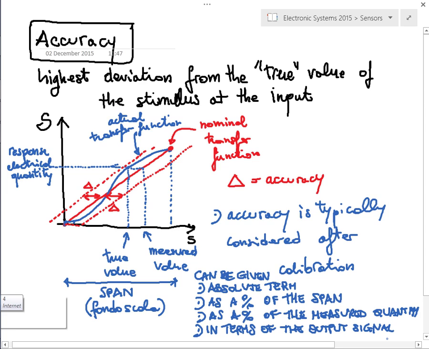So one has a 2-bit accuracy or a 4-bit accuracy and so on. There is really no standard, and one has to consider that different possibilities can be found. Okay.